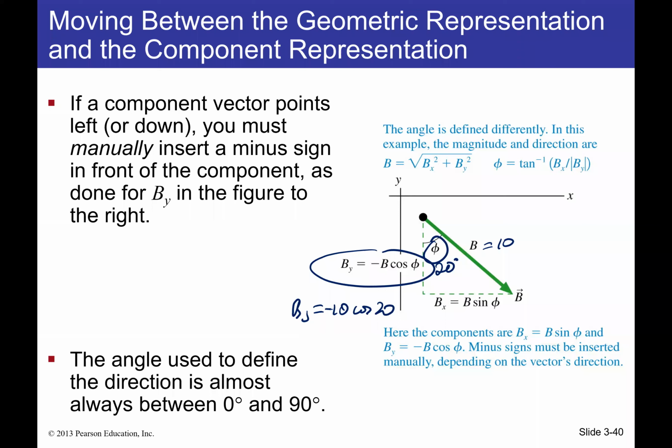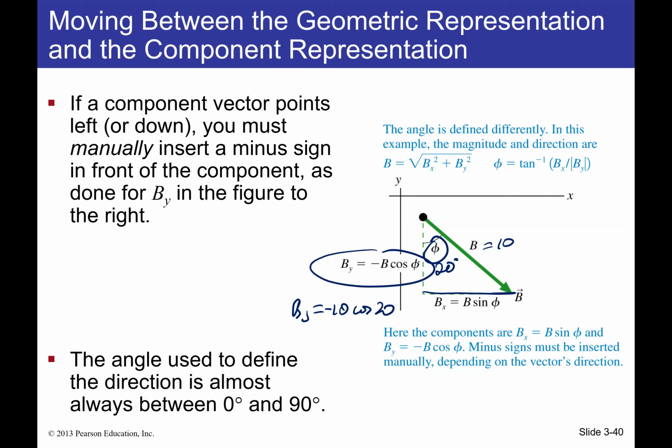Hopefully you also noticed that because this angle phi is given with respect to the negative y-axis, the x component is in terms of sine and the y component is in terms of cosine. That's because the x component is the opposite to that phi, and the y component is the adjacent to that phi, okay?